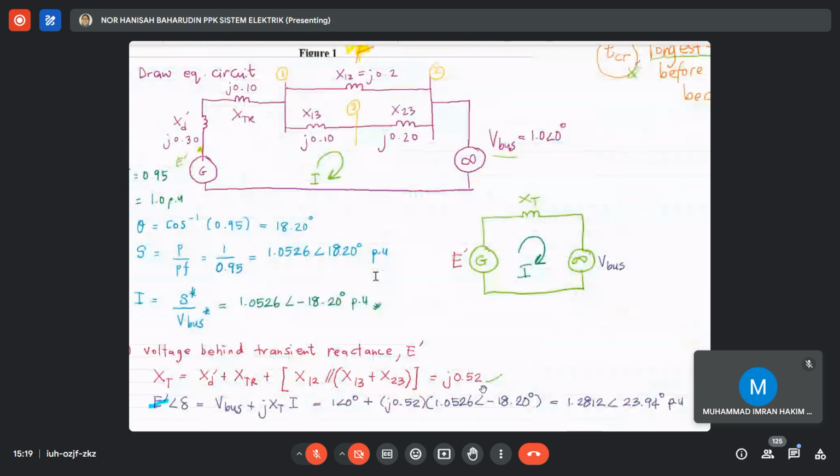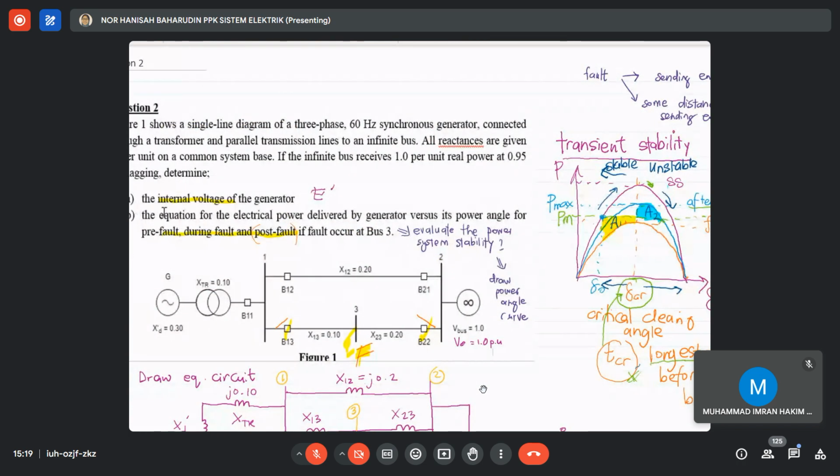For this question, for the equation of power delivered versus power angle, you have to determine the power angle equation for three different conditions.